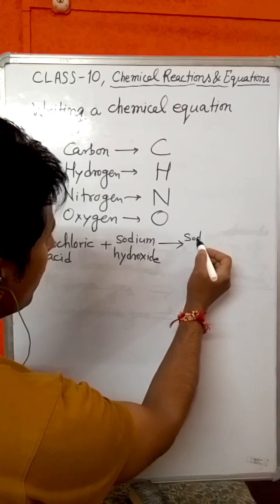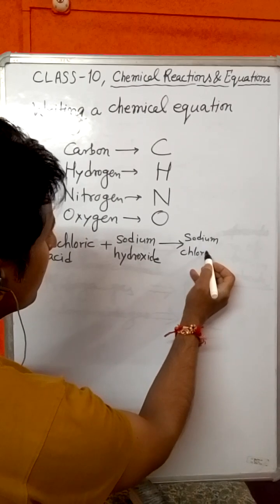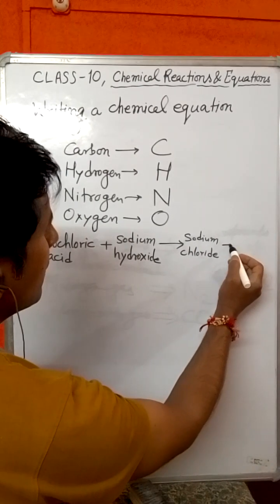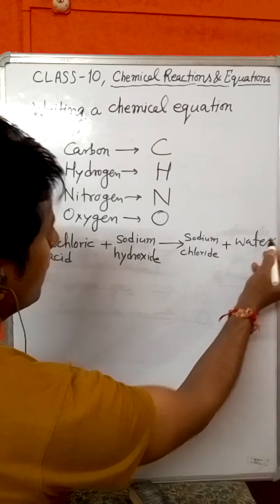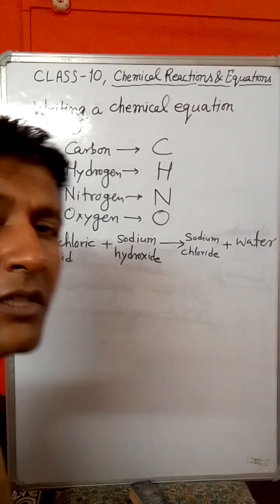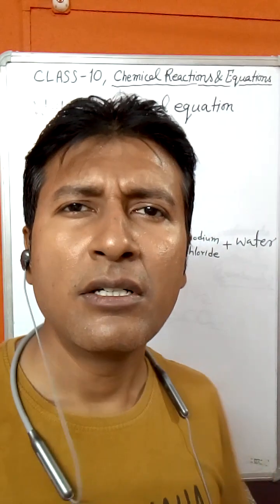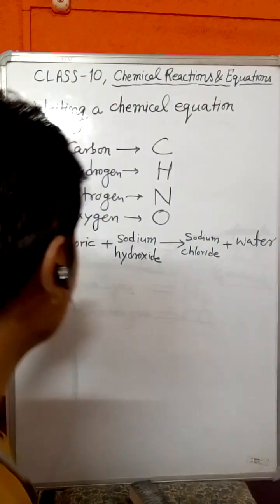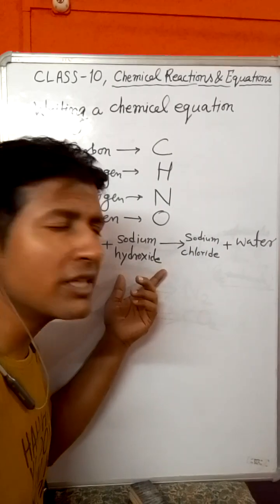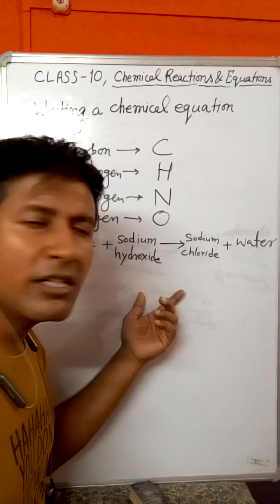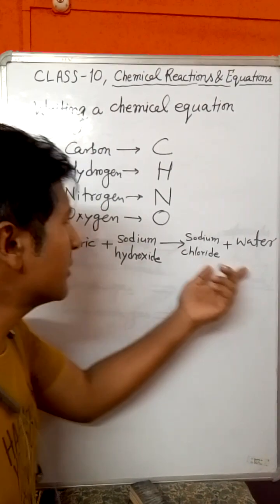Sodium chloride plus water. So first of all it has been seen what happens when hydrochloric acid is treated with sodium hydroxide. So it has been seen that sodium chloride, which is a salt, and water are formed.